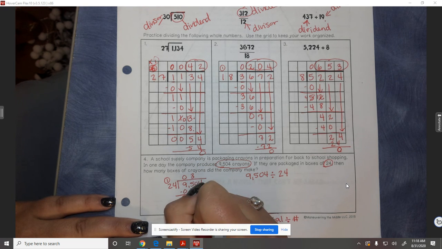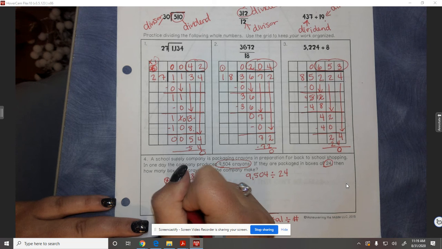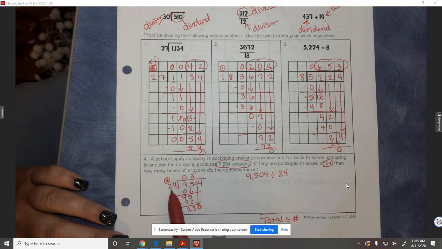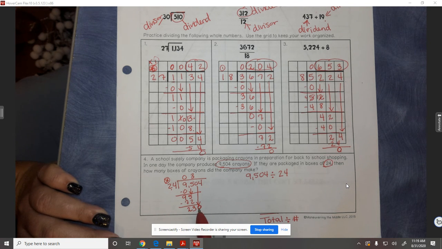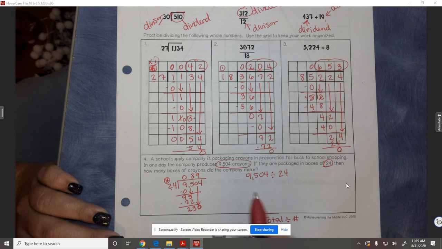When I subtract, I get 23. Bring down my 0. If I look here, I see a 24. If I multiply 24 times 10, I just tack that 0 onto 24, so that would be 240. 240 is greater than 230. So I'm going to try to go down a number, and I'm going to try 9.